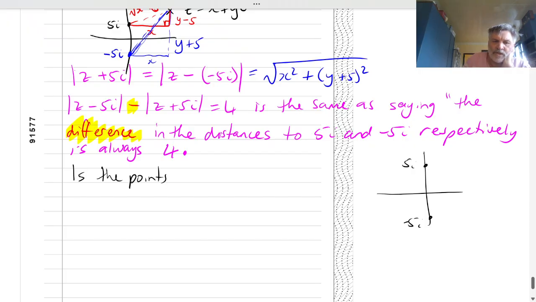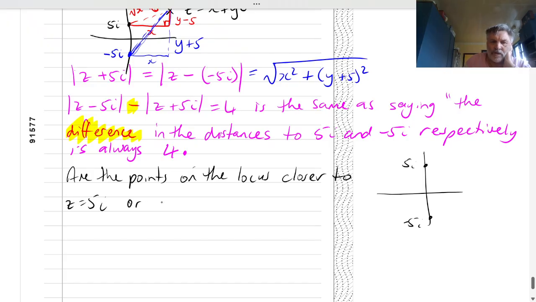Are the points on the locus closer to z equals 5i or z equals negative 5i?